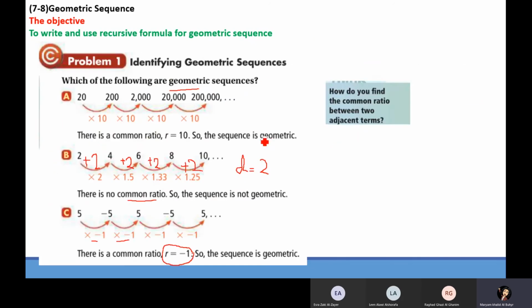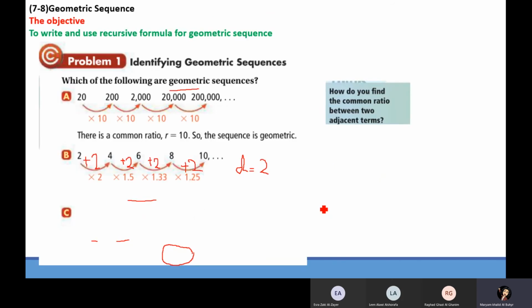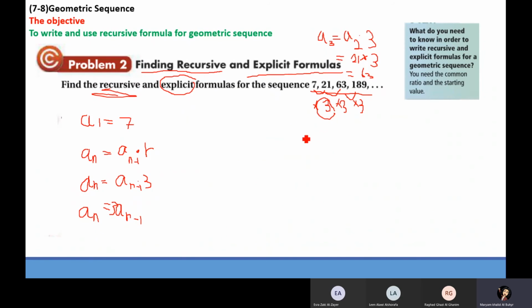If you don't remember it, I'll show you: A1, the first term, times r to the power n minus 1. So let's do this again here. I'm going to write the general form, then I will substitute. A1, that's what I should memorize, times r to the power n minus 1.